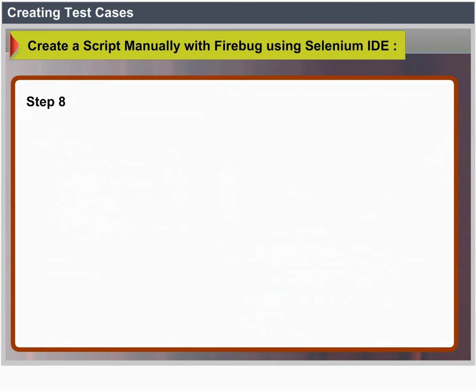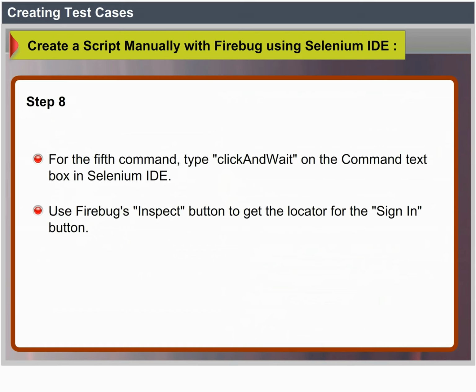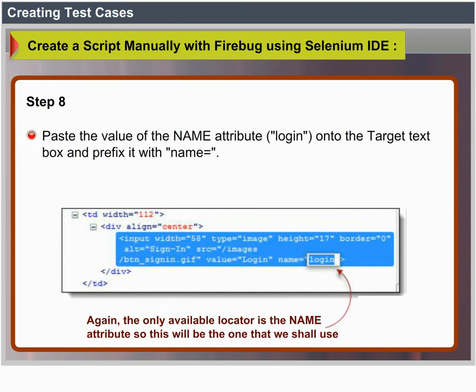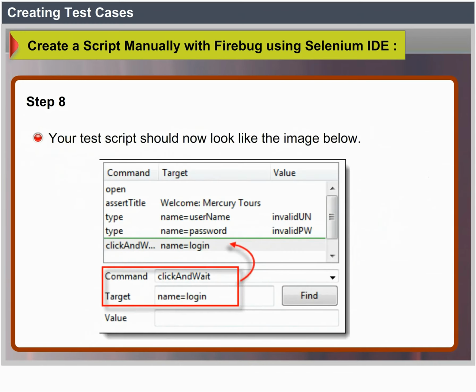Step 8. For the fifth command, type click and wait in the command text box in Selenium IDE. Use Firebug's inspect button to get the locator for the sign in button. Paste the value of the name attribute login onto the target text box and prefix it with name equals to. Your test script should now look like the image below.